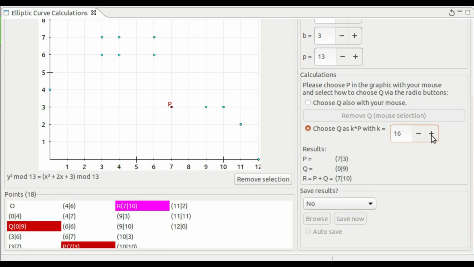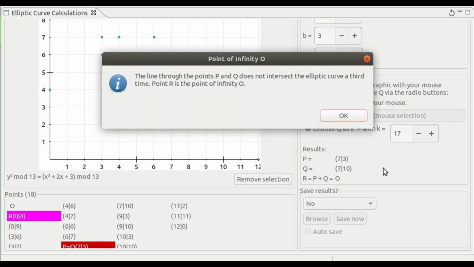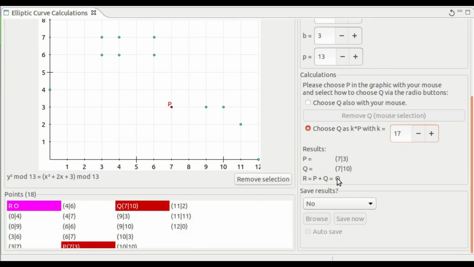If you add this 17P to P, let's see what will happen. The line through the points P and Q does not intersect the elliptic curve a third time. The point R is the point at infinity. Means the result here is infinity.